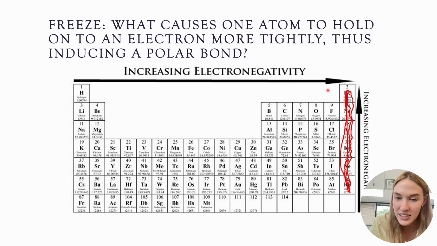That would mean the highest electronegativity would be on the furthest right, and we have increasing electronegativity from the bottom going to the top. Because we exclude those noble gases, we can look at fluorine and see that it is going to be the most electronegative because it is the most top right.